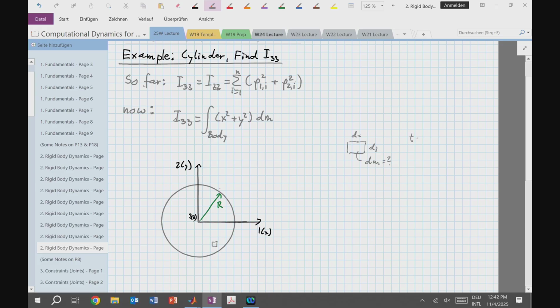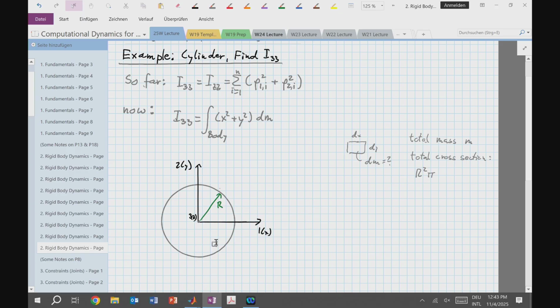Well, if I think about a cylinder, the total mass of the cylinder, m, and then I have a total cross-section, which is r squared times pi. So the entire cylinder has mass m, total cross-section r squared pi.